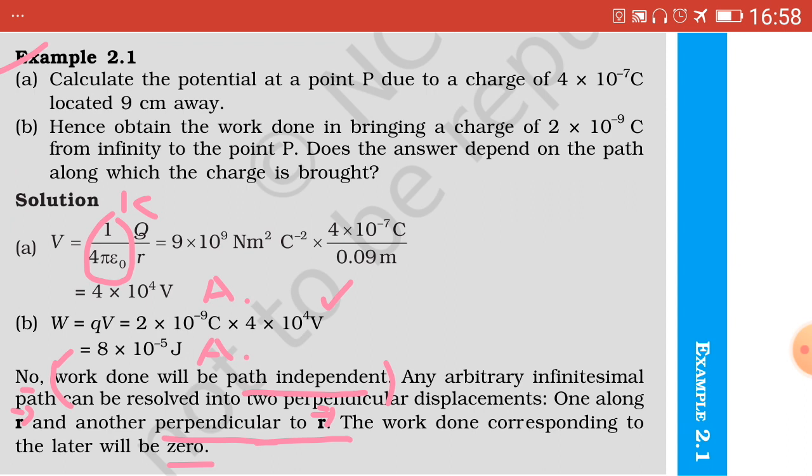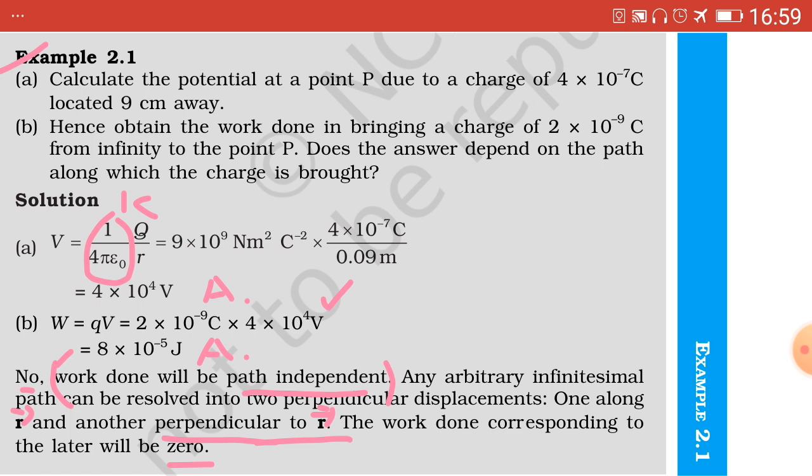So now the formula of potential at point P: V equal to KQ upon R. Either you can write small q in the data or capital Q, anything. Here capital Q is given, so we write capital Q equal to 4 × 10^-7 C.